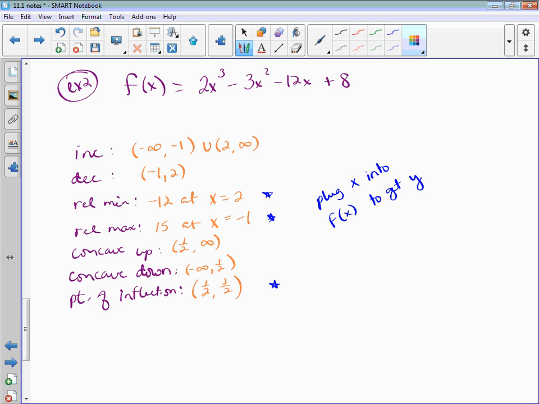So wouldn't it make sense to plug it into the original? Try not to memorize these things. Try to think about it and be like, well, okay, that's why I do it that way. Whereas when you're testing increasing, decreasing, you're testing your number line. It's the number line of the derivative, so you're plugging it into the derivative when you're testing. Okay. All right. We have one more example.